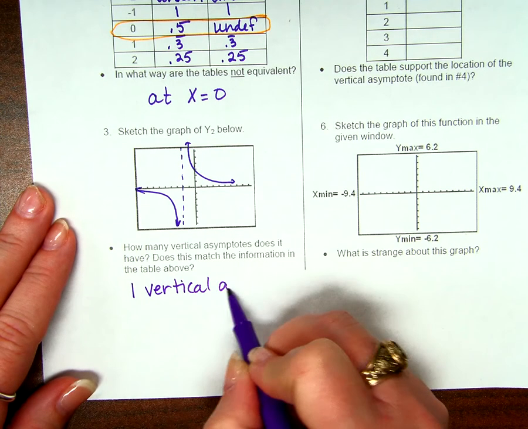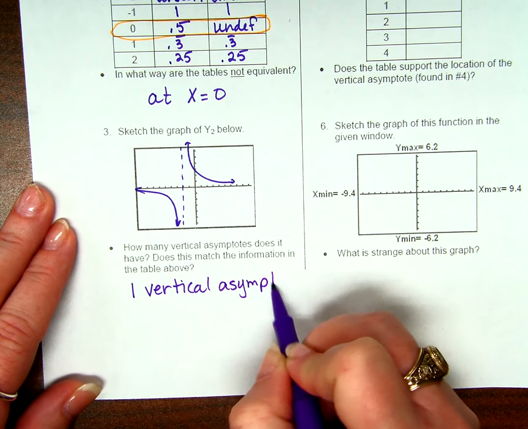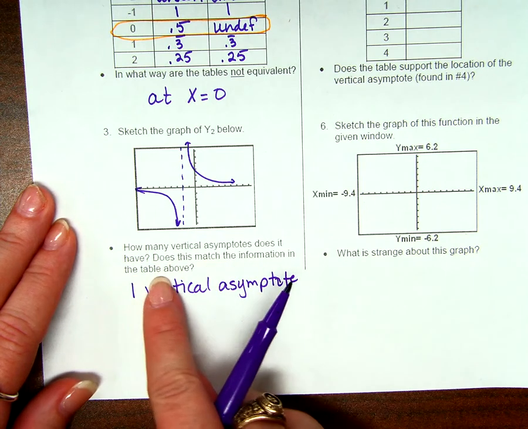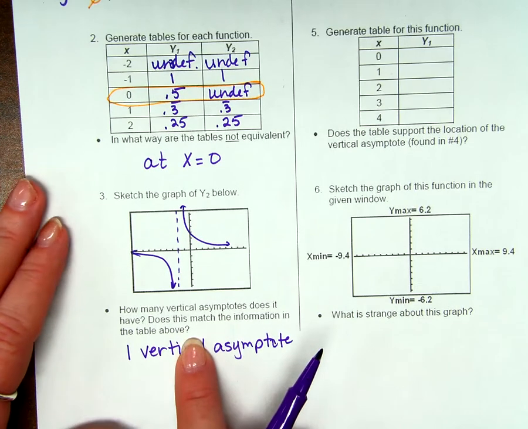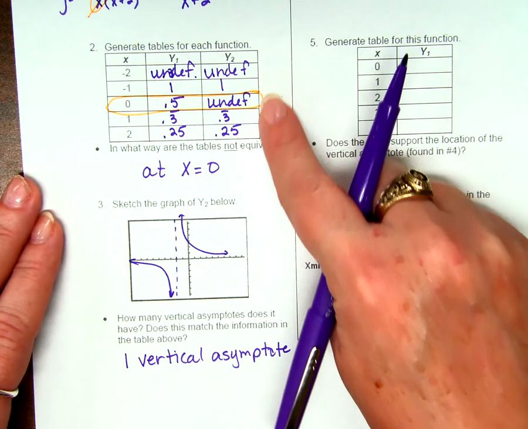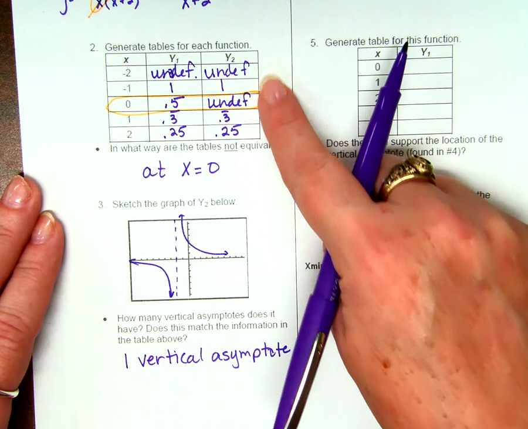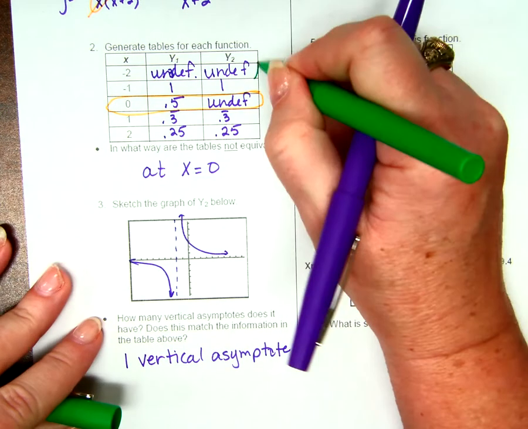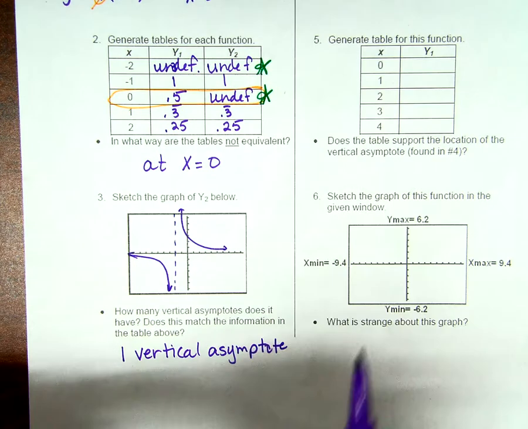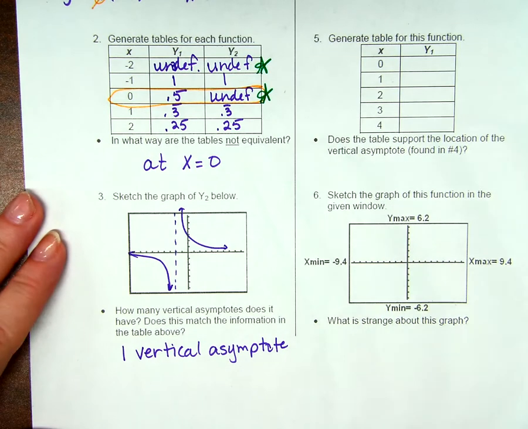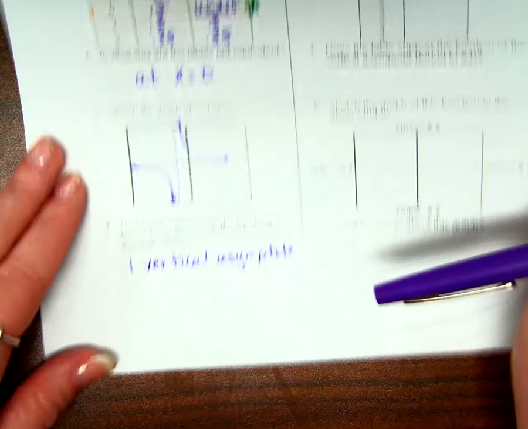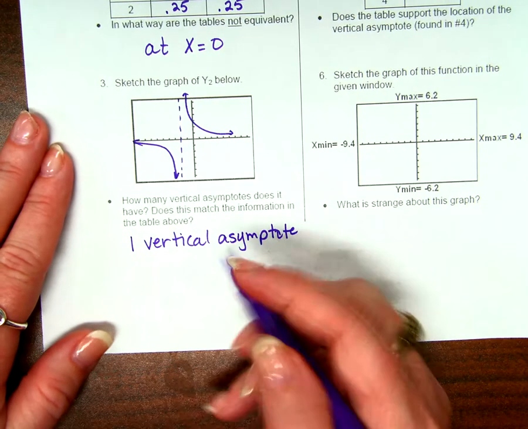There's one vertical asymptote, right? Does this match the information in the table for y sub 2? For y sub 2, how many vertical asymptotes does it look like we should have? 2. Does it match the information in the table?